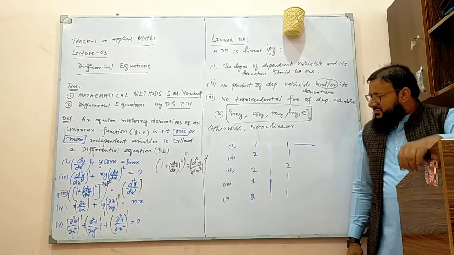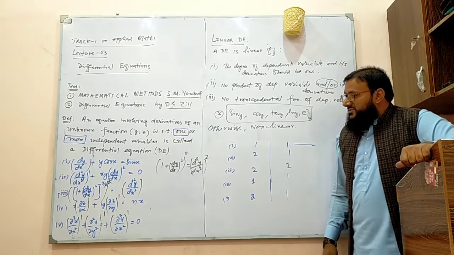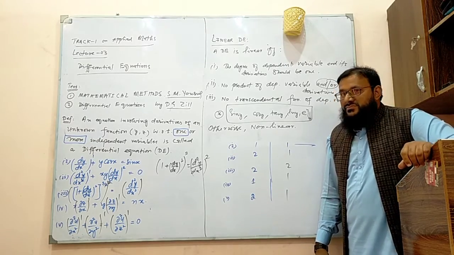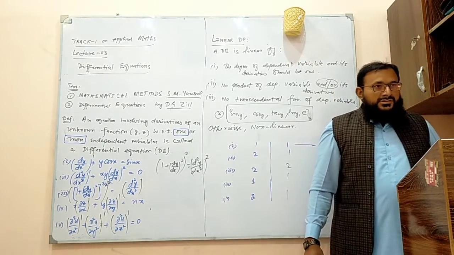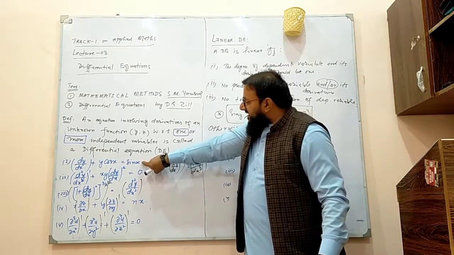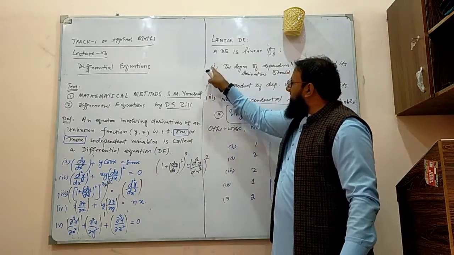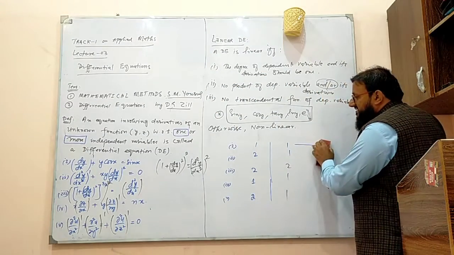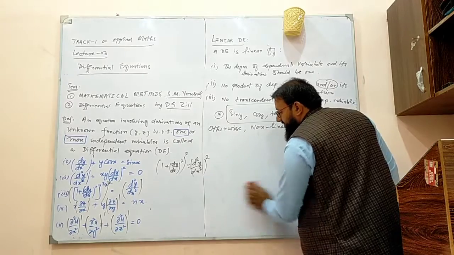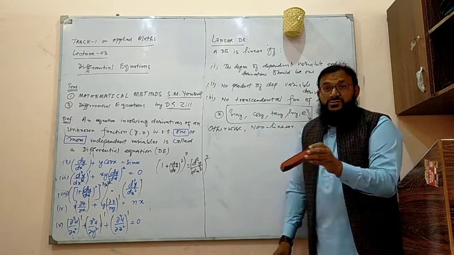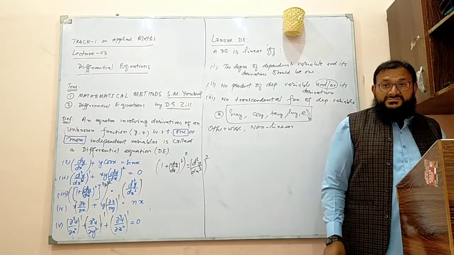So what about all these equations? Which one is linear and which one is non-linear? If it is linear, it must satisfy all these three conditions. If it is not satisfying all three conditions, then it is non-linear. Talking about the first one, it is satisfied.